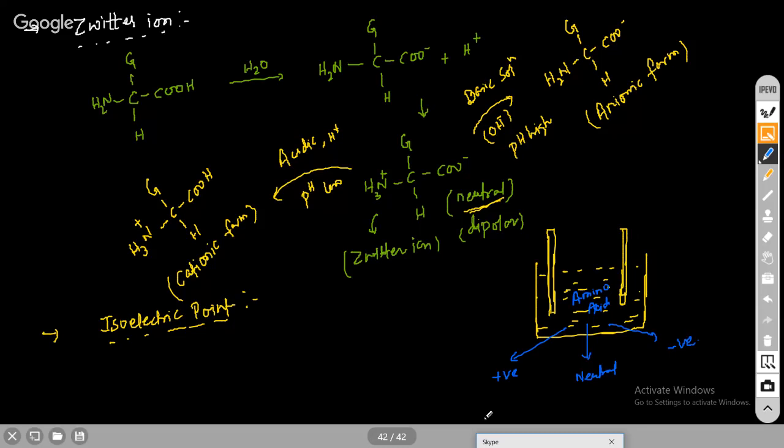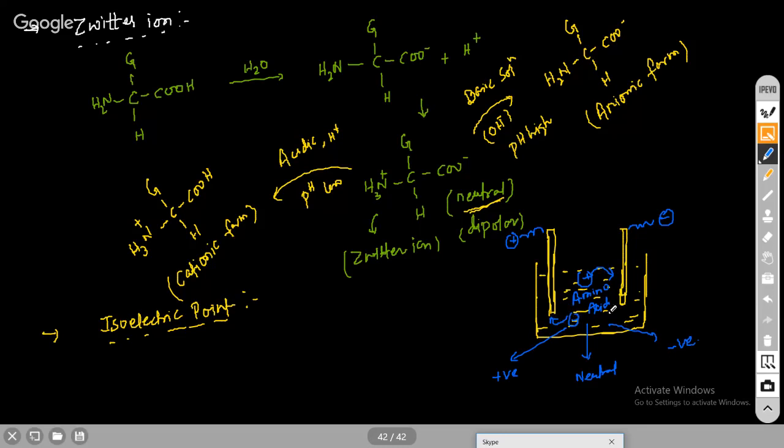One side is connected to the positive plate, and the other towards the negative plate. When you apply electricity, depending on the pH of the solution, if it exists in positive, cationic form, then it starts moving towards what? Negative plate. And if it is in the anionic form, then it starts moving towards the positive plate.